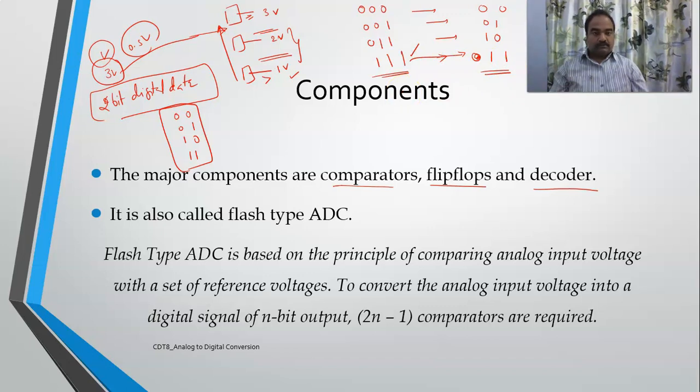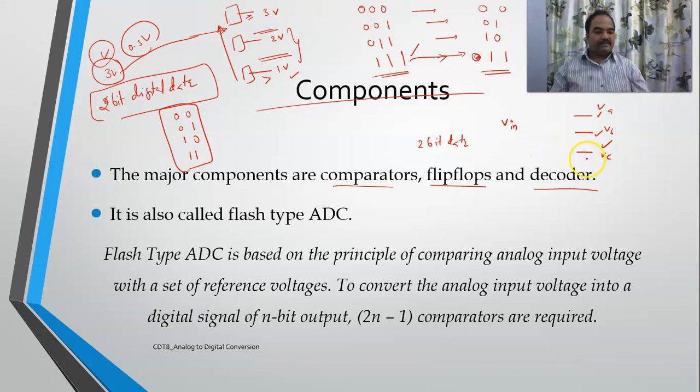Okay. If you have not understood, let's have a discussion again. To get 2-bit data, I will compare the input with 3 different levels: VA, VB and VC.